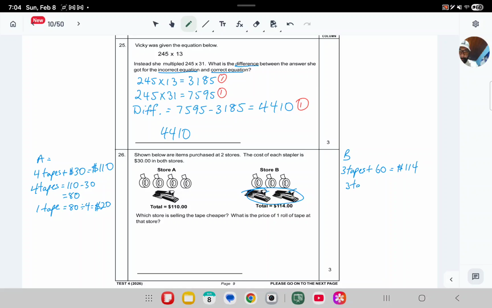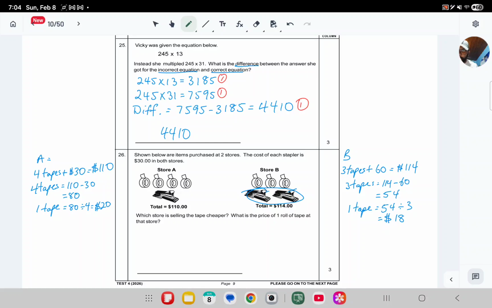So 3 tapes is 114, take away 60, and that will give us $54 for 3 rolls of tape. So 1 tape would be 54 divided by 3, which is equal to $18.